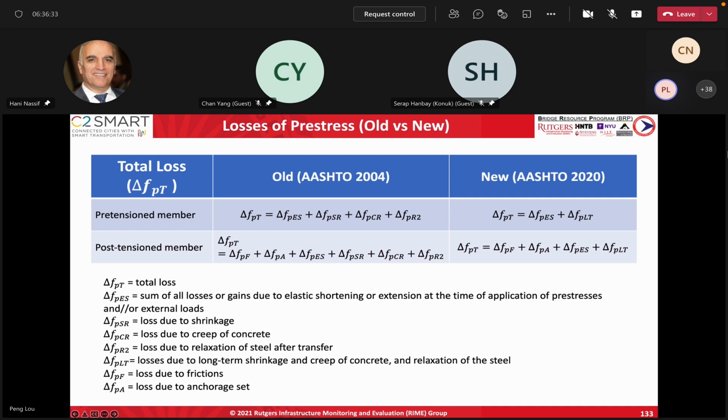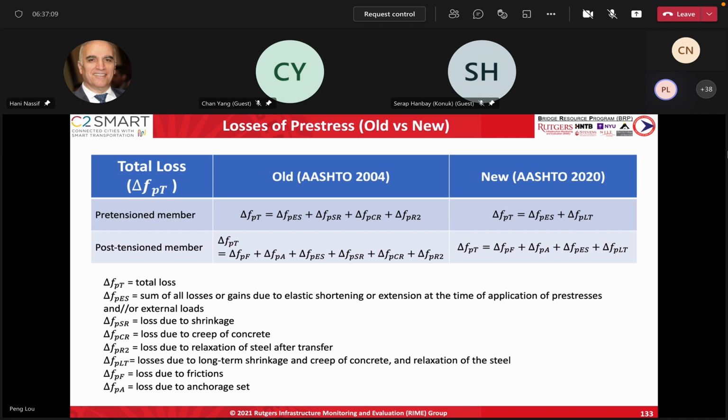The second one is, if you look at the table on the right side, the new code actually, also here there's another thing I want to explain. We call it long-term losses, due to long-term shrinkage, creep, and concrete relaxation. So the new code provides an estimate, the rough estimate, not the refined estimate, of that long-term losses, while the code also provides a refined assessment of each loss due to shrinkage, creep, and relaxation.